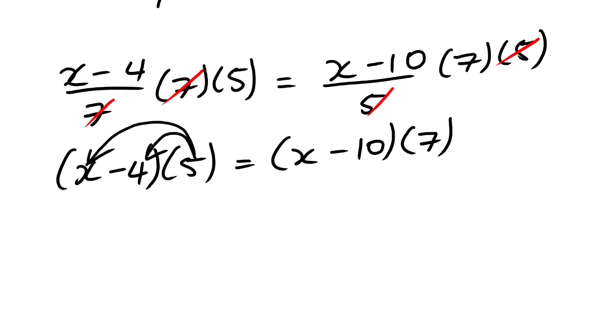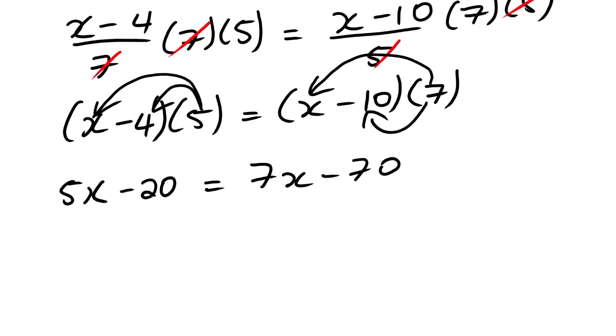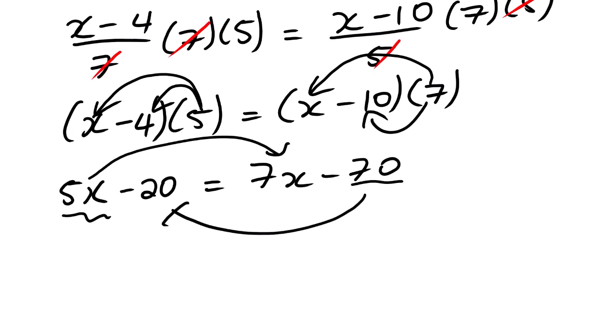So we multiply this: 5 multiplied by x is 5x, 5 multiplied by negative 4 is negative 20, equals 7 multiplied by x is 7x, 7 multiplied by negative 10 is negative 70. From here we need to take this term to the other side and bring this one to this side.